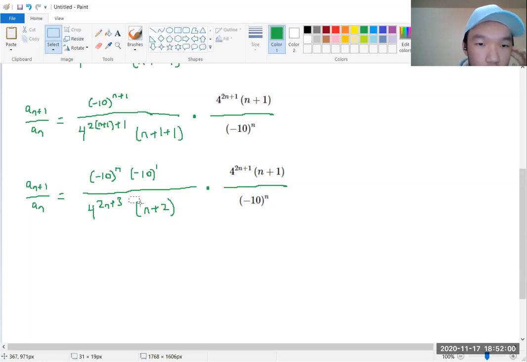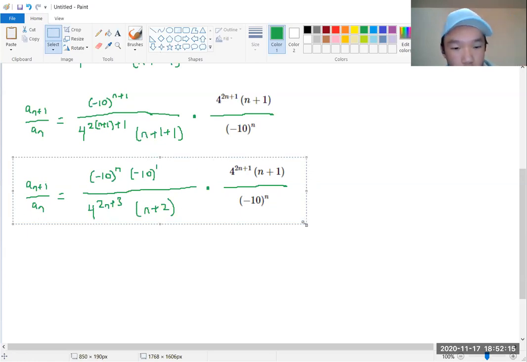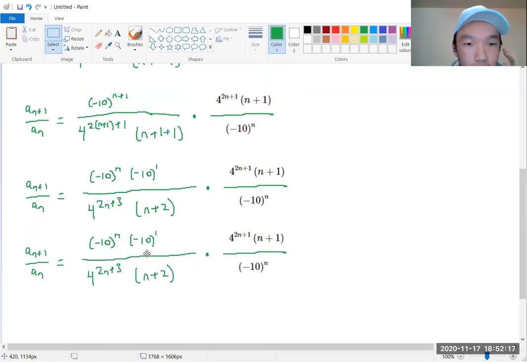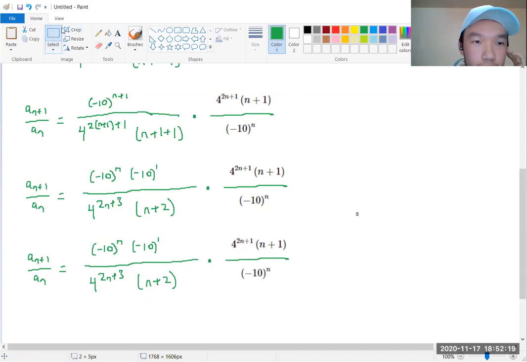Let me rewrite the 4 to the 2n plus 3, because I think I can see something that cancels out. So let me write it like so. I'm going to get rid of this part.